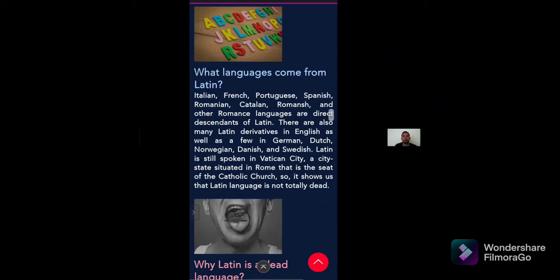Now the second one is what languages come from Latin. As I told you, we are English students, and we are learning about grammar, how to speak, listening, and some important skills. But English is not the only language that comes from Latin. We have, for example, Italian and French, which we also study, and we have to know about the relationship between the different languages that we are learning and the first language that we had.